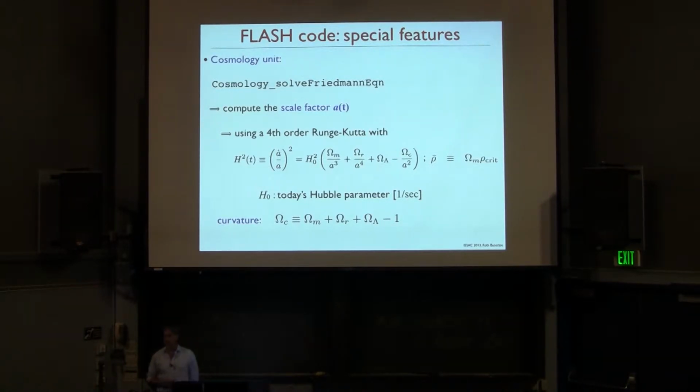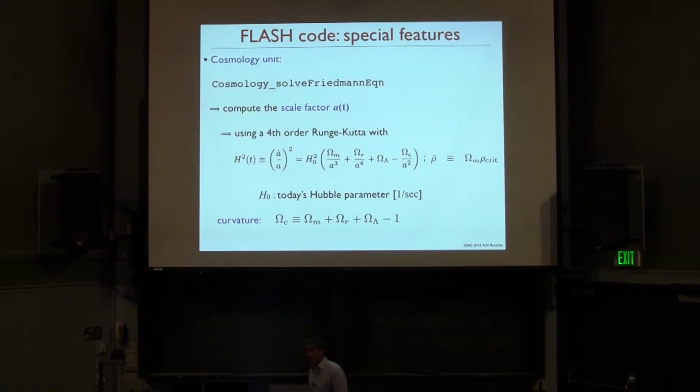And then of course the scale factor depends on the composition of the universe, and you have the freedom here in the current approach to include matter, mainly dark matter in this case. You can include radiation, a cosmological constant, so far it's just a constant, and also the curvature of the universe.